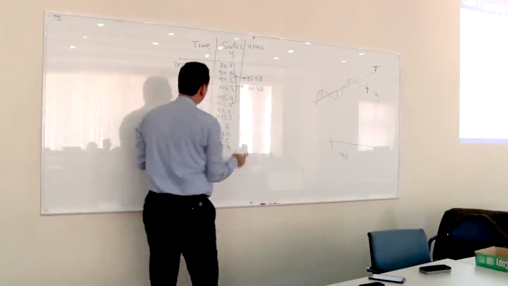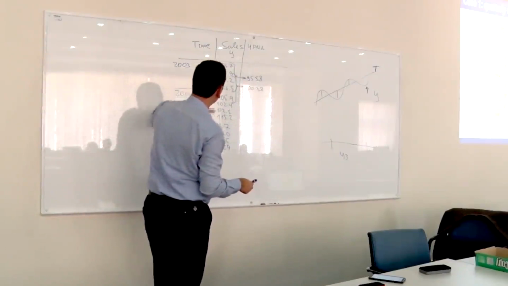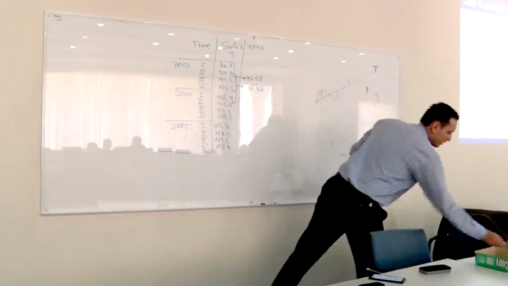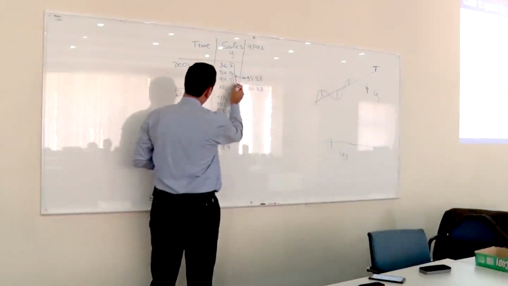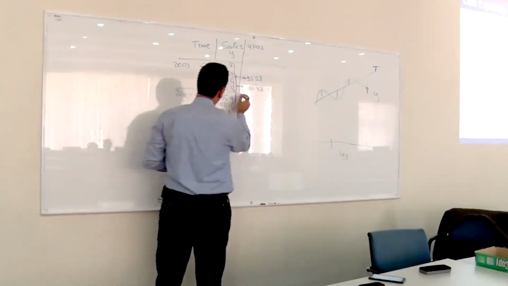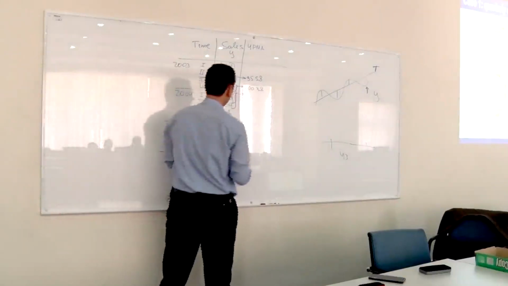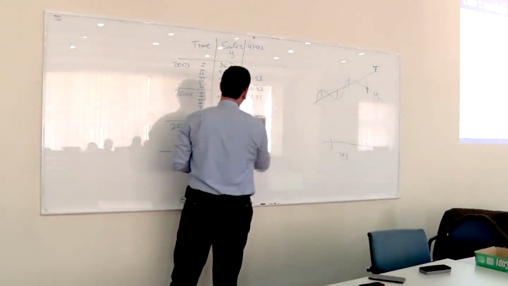And the next one. Now you take the next 4, starting from the third number. 1, 2, 3, 4. So I'll actually use another marker here. We're going to take, starting from 94.2, until 102.4. So what is the average of these four numbers? 100.25.